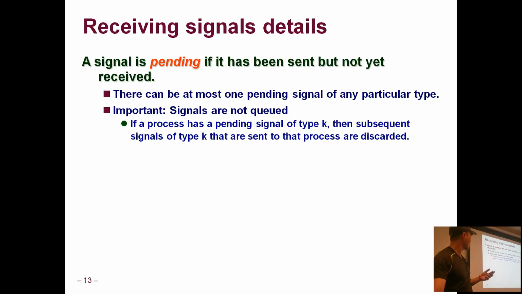One of the important things about pending signals is that they're not queued. If you get another signal of the exact same type while one is pending, nothing happens because there was already one set, and there is no queue that will increment a counter based on the number of signals of that type you were sent.